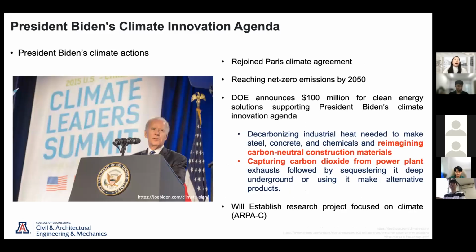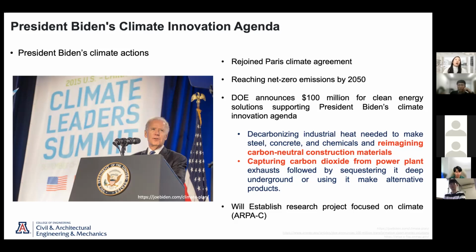And President Biden has a plan for a clean energy revolution and environmental justice. Here are the plans for his climate actions. First, President Biden signed for rejoining the International Paris Agreement this January, and this new administration is aiming for achieving net zero emissions by 2050.